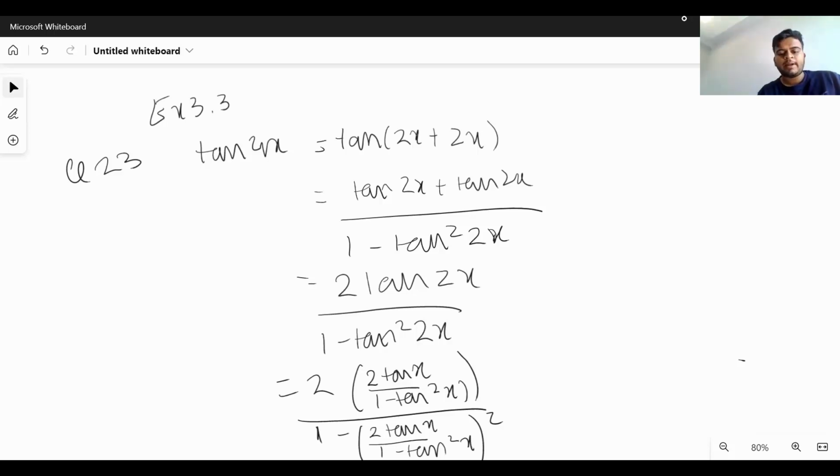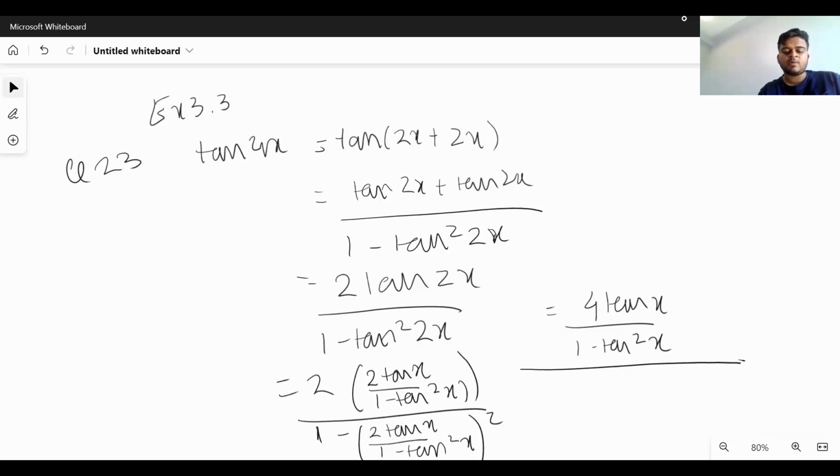Now we're going to try and solve this. So this becomes 4 tan x on 1 minus tan square x upon, so I'm going to multiply this right here and I'm going to expand this as well.